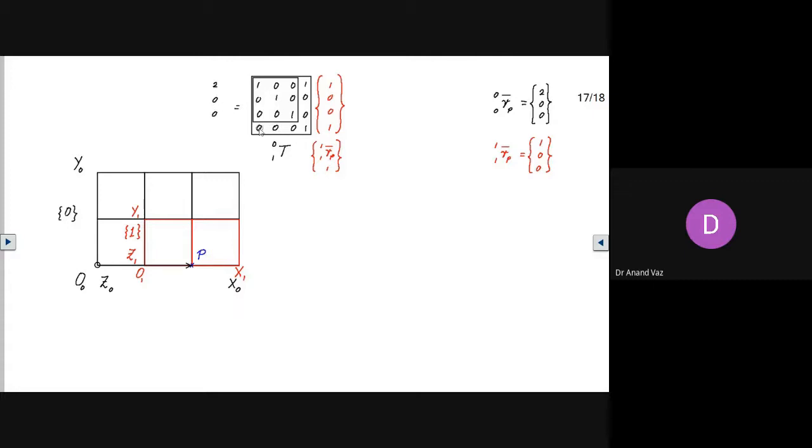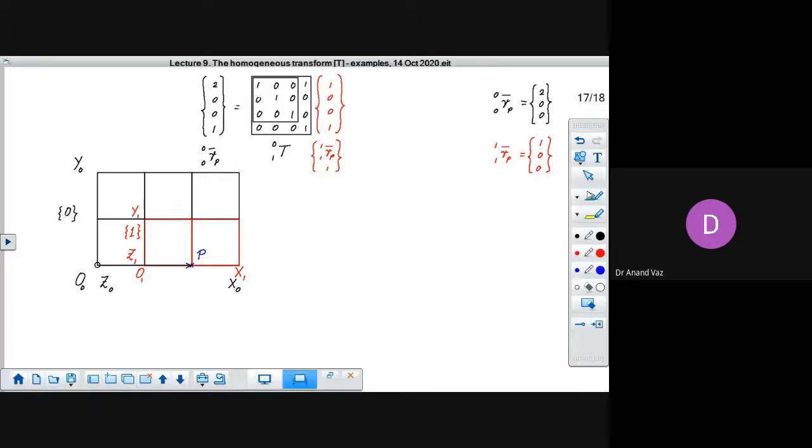And here 1. So you can see that this is exactly what we can also see in the diagram. This represents the position of the same point P as observed and expressed in the frame 0, and this part is augmented with 1.